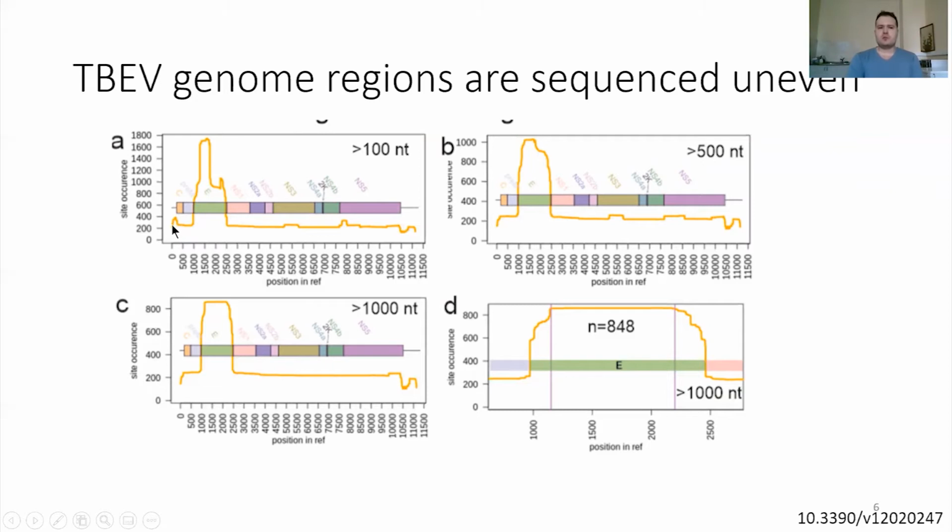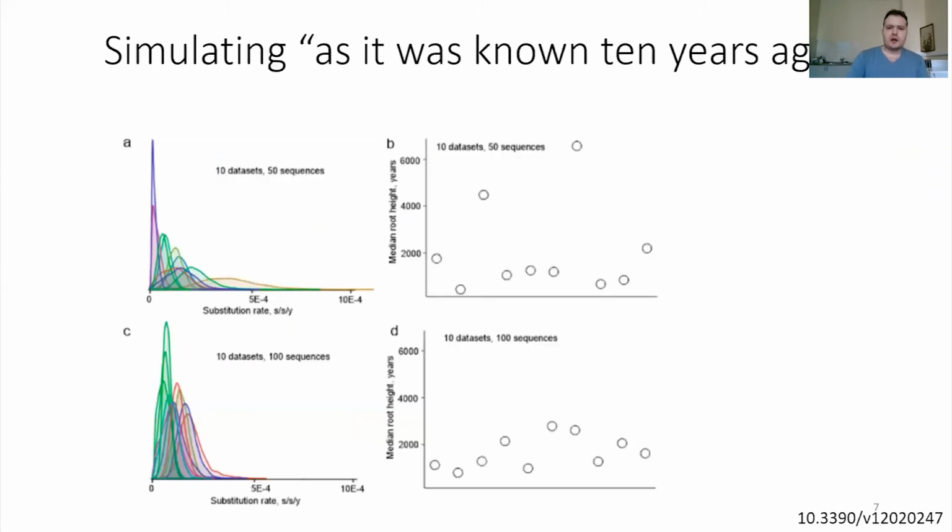For example, there are approximately 200 viruses with a complete or near complete genome sequenced, and approximately 800 viruses that were sequenced at the E gene. For my analysis, I have used these E gene sequences.